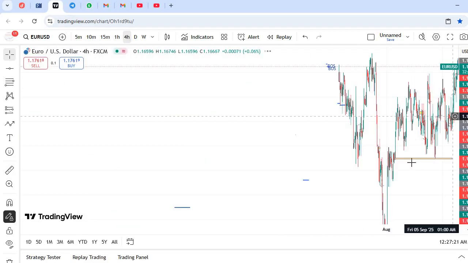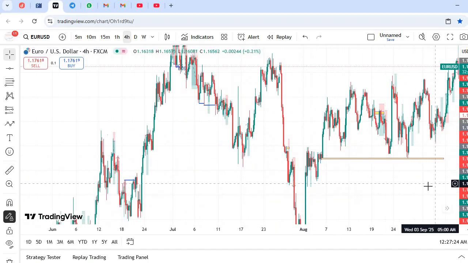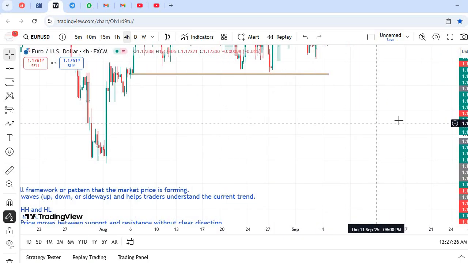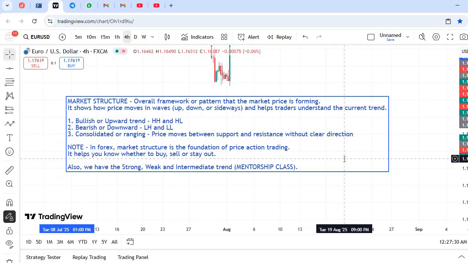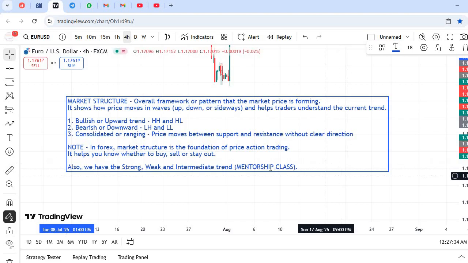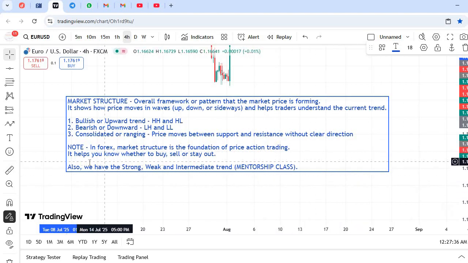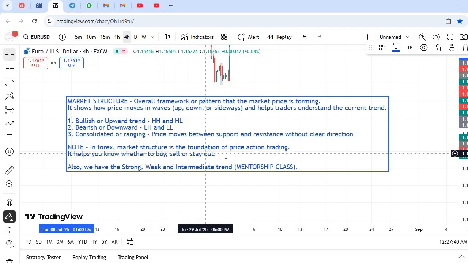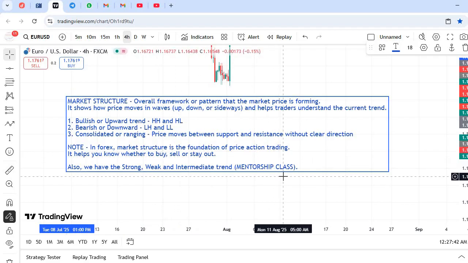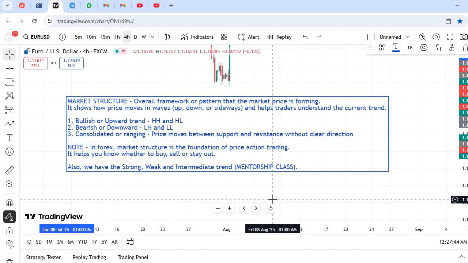If it's a bearish trend, you know you're looking for selling opportunities. So that's the advantage of market structure. Market structure is the foundation of price action trading. It helps us to know whether to buy, to sell, or to stay out of the market.